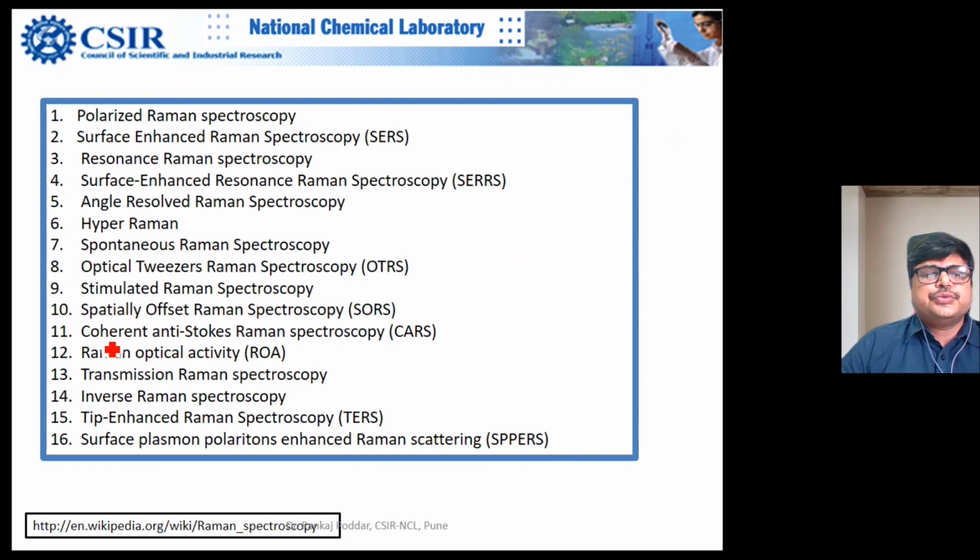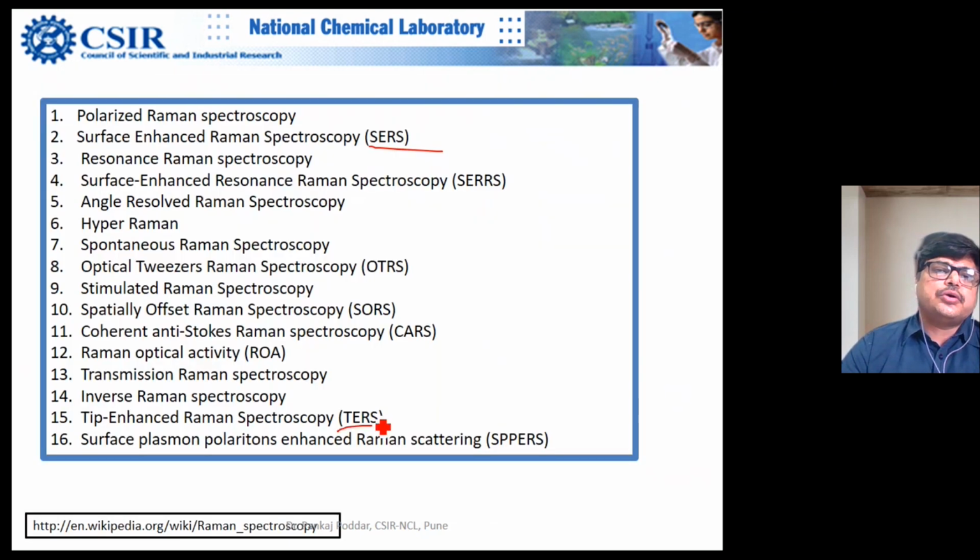And we will use hyper Raman. I mentioned hyper Raman. You can use optical tweezer based Raman. You can trap the system using optical tweezers. Angle resolved Raman spectroscopy can be done, but I'll spend some time here and probably here.